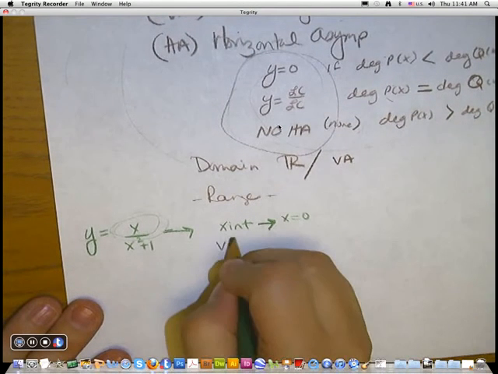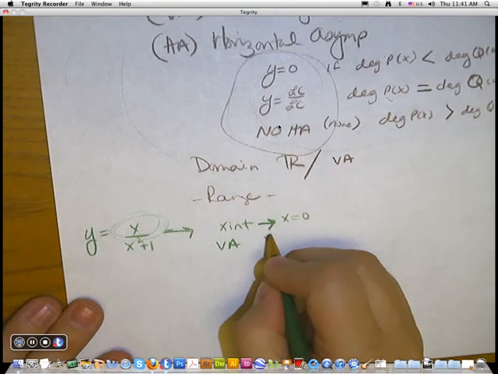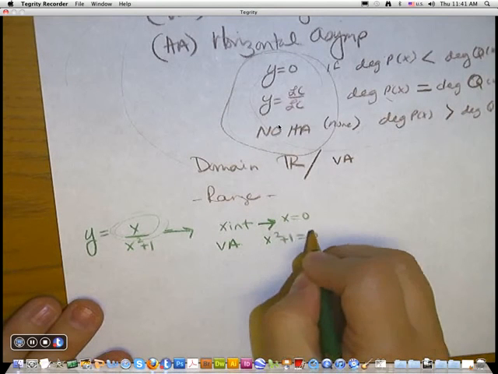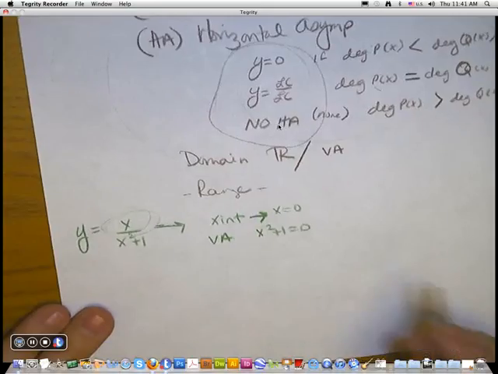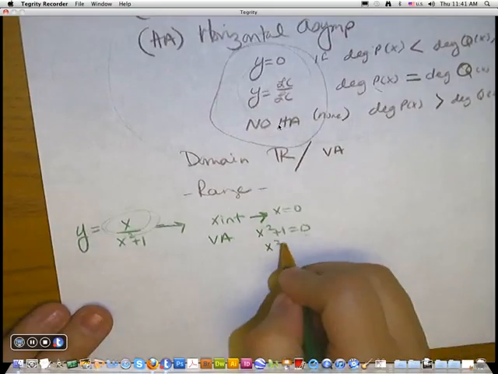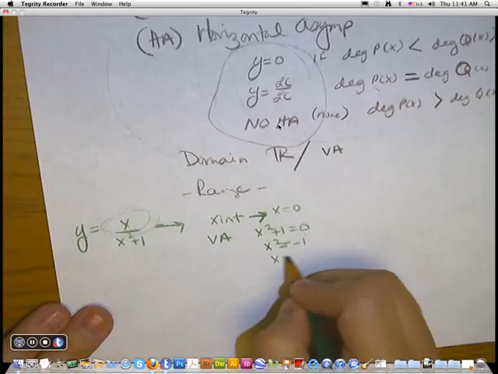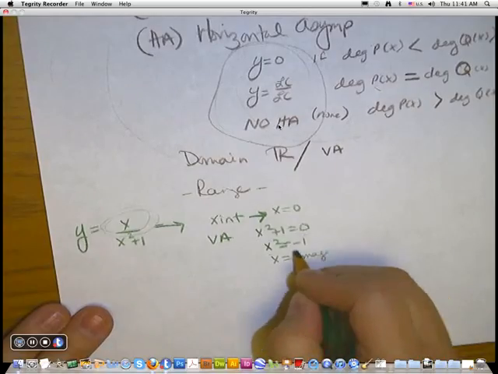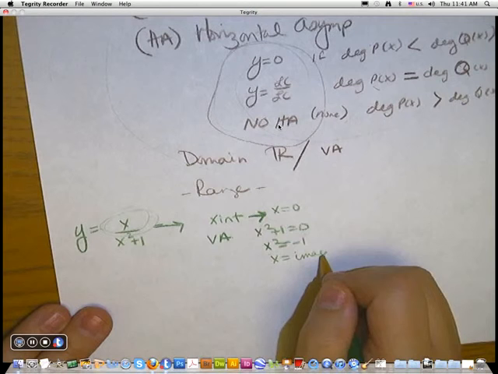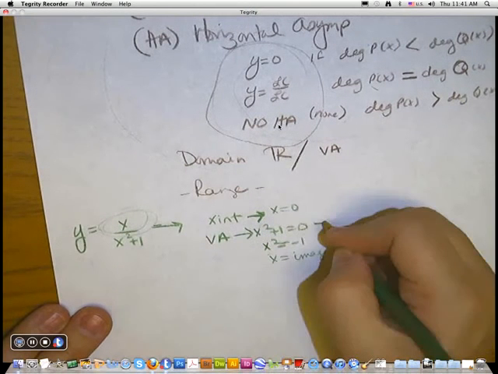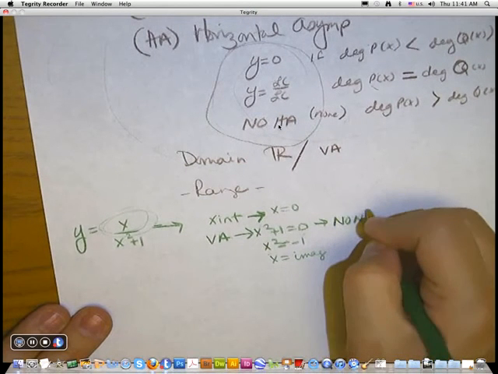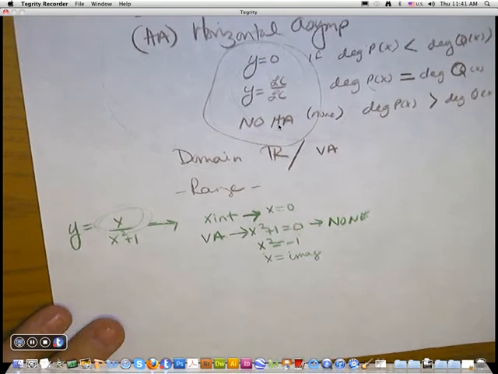The vertical asymptote is when the denominator equals 0. And when I set the denominator equal to 0 and solve, I get the square root of a negative, which is imaginary, and that can't happen. So if that can't happen, then there is none. There is no vertical asymptote.